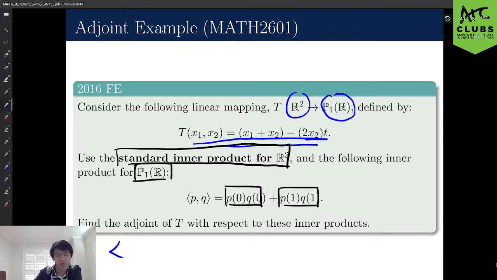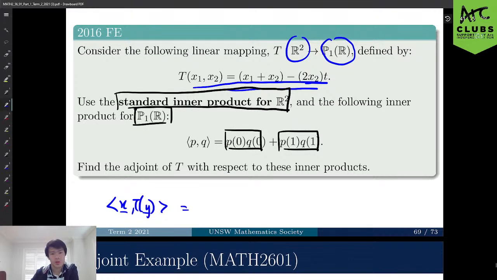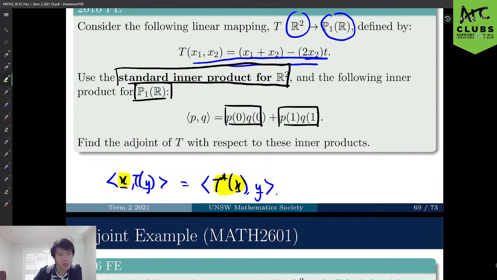We want, for any two vectors, actually we'll use X and Y, the inner product of X with T of Y. What we want is the formula such that we move the adjoint back here, and we have a Y up here. Right, so we want a function that satisfies this property.